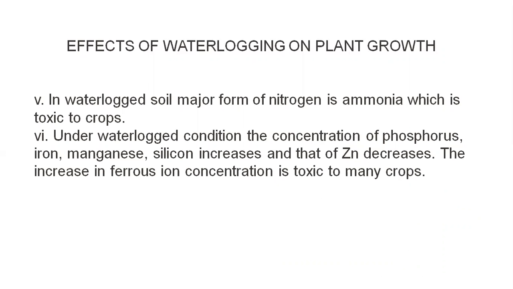For example, phosphorus, iron, manganese and silicon increase in concentration, while zinc, which is very important for producing chlorophyll and converting starch into sugar, is reduced in the soil, which adversely affects plant growth. The increase in ferrous ion concentration is again toxic to many crops.